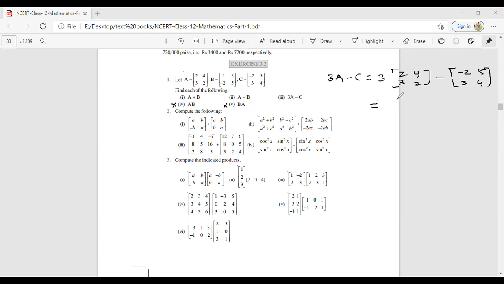Now multiply 3 inside: 3 2s are 6, 3 4s are 12, 3 3s are 9, 3 2s are 6. First multiply and then subtract minus 2, 5, 3, 4. Now you can subtract: 6 minus minus 2 is 6 plus 2, 8; 12 minus 5, 7; 9 minus 3, 6; 6 minus 4, 2. So this is the result.